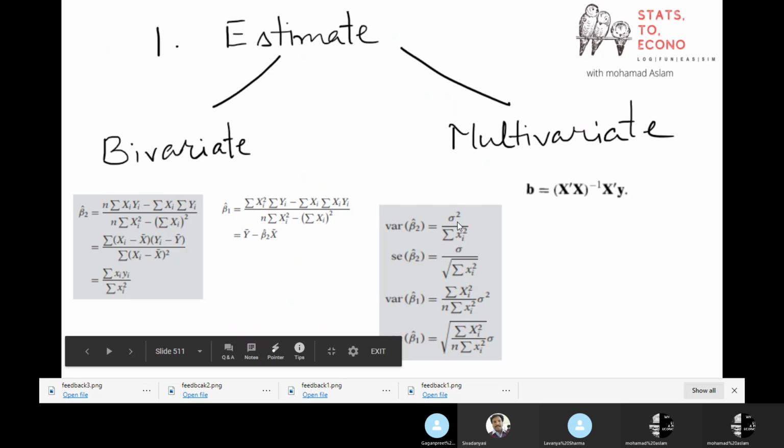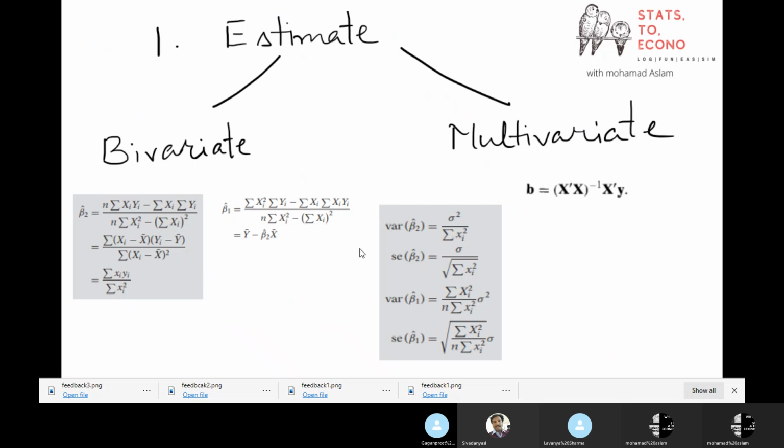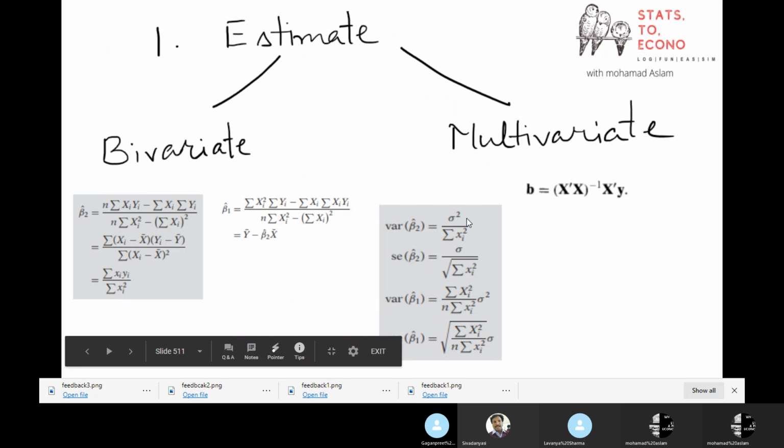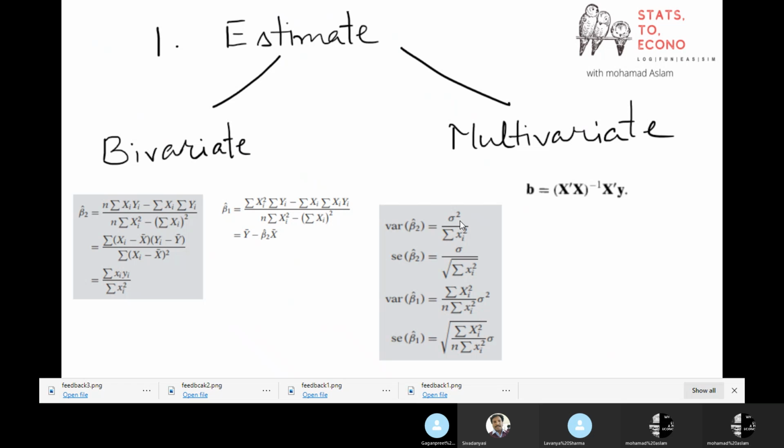So we definitely need this value. But since we are working with the sample, it's a sigma hat square, meaning residuals, but it's proved that the average of all those residual variances is equal to the population variance. So we can use those sample variances of residuals in place of this sigma square, while practically we use these values.